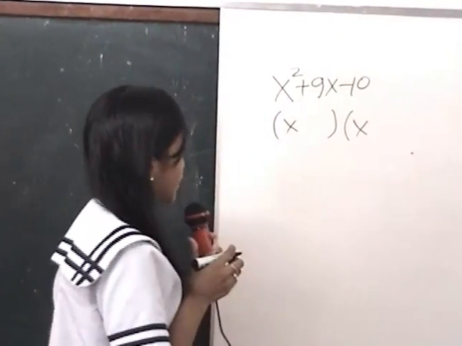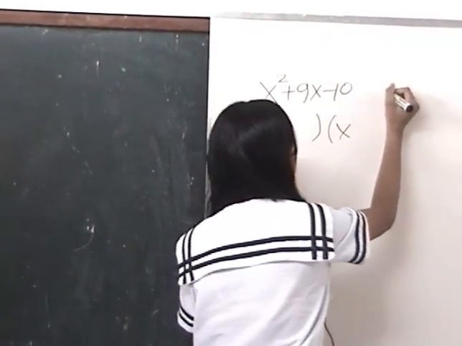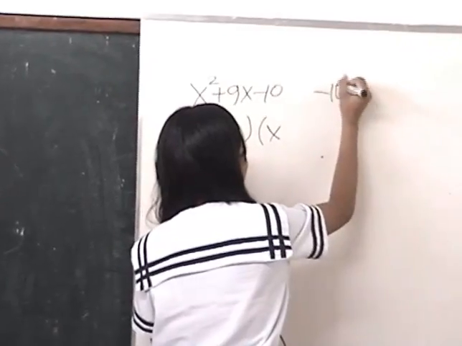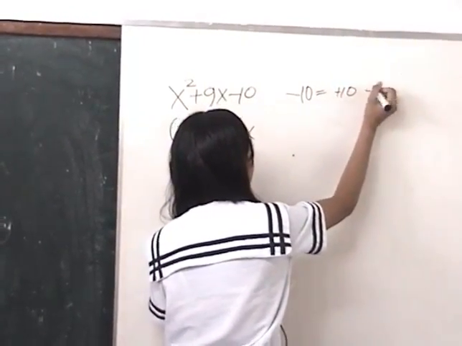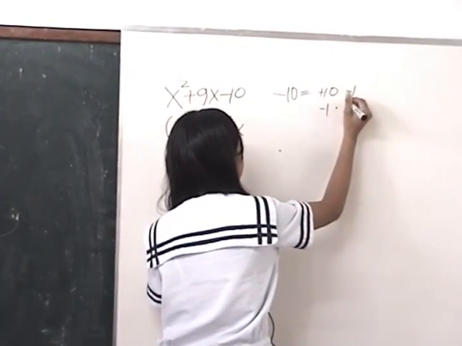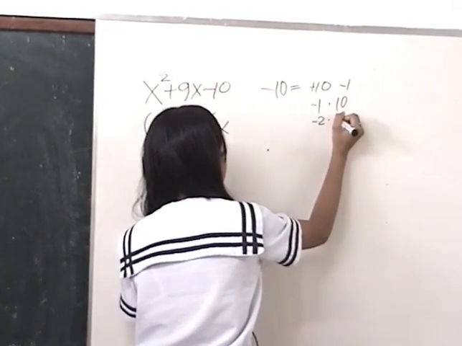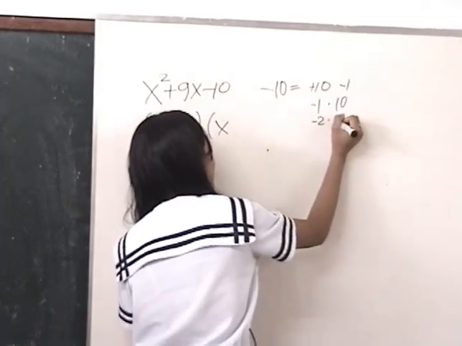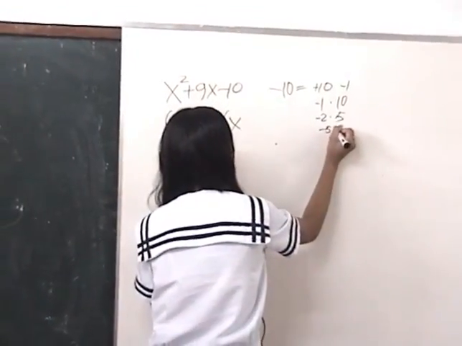Now, we get the possible factors of negative 10, which are positive 10 and negative 1, negative 1 and 10, negative 2 times positive 5, and negative 5 times 2.